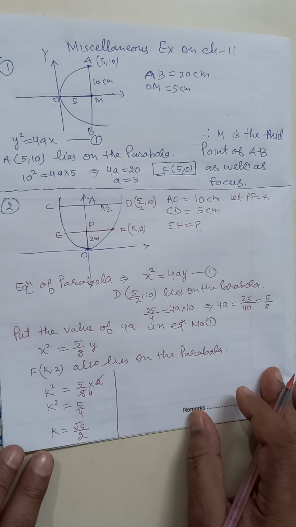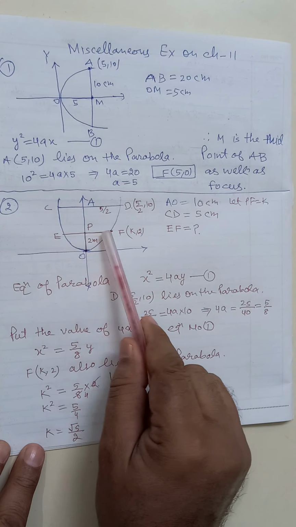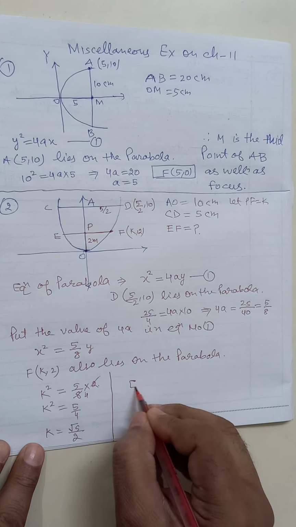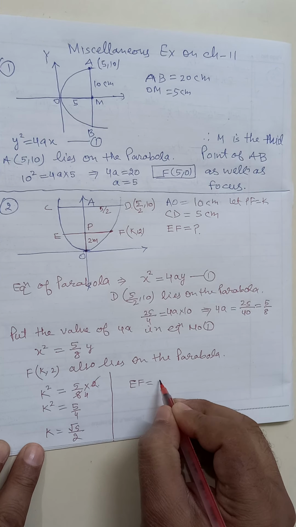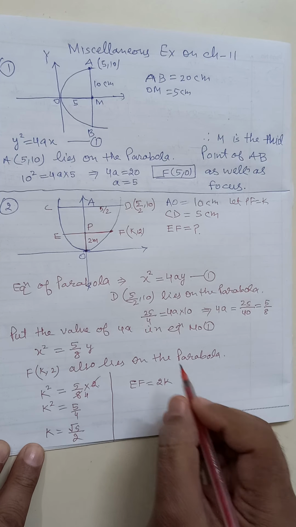And we want to find this length EF. Therefore you know that EF is double of PF, that is 2K.